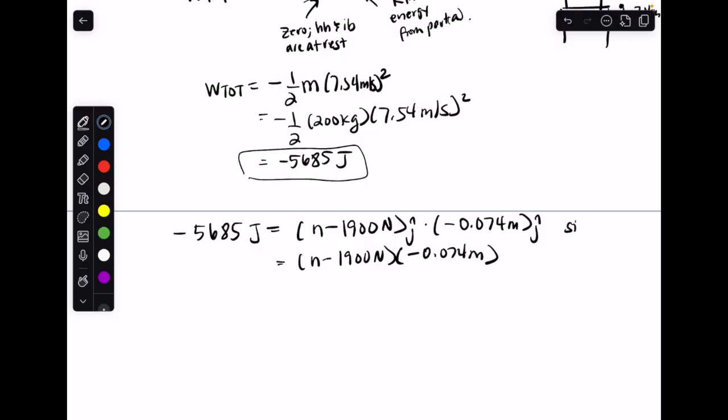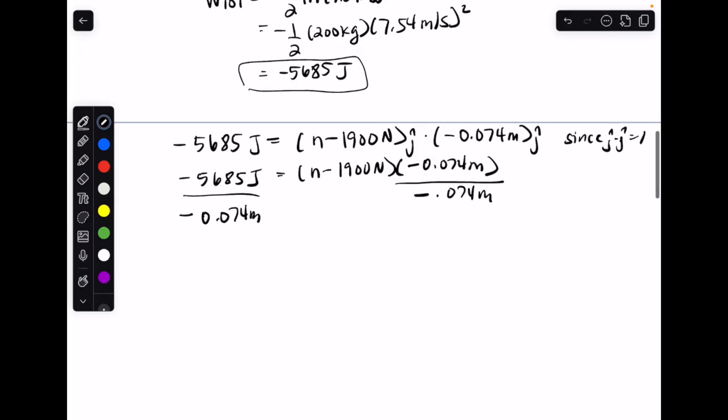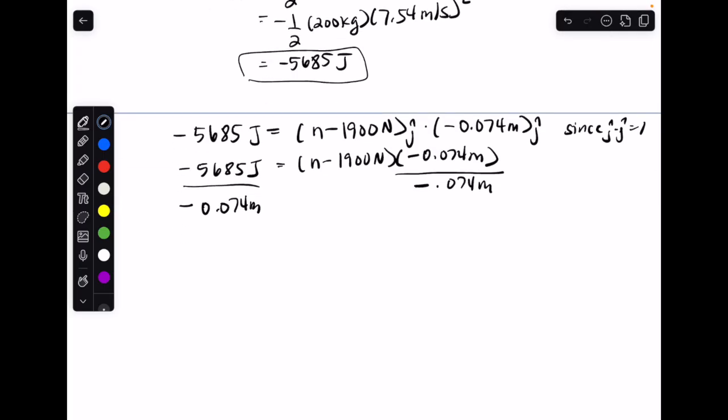Okay. And so what we can do is we can divide by negative 0.74. So that's why I didn't want to distribute it yet, because I knew it would be going away. And then add 1900.